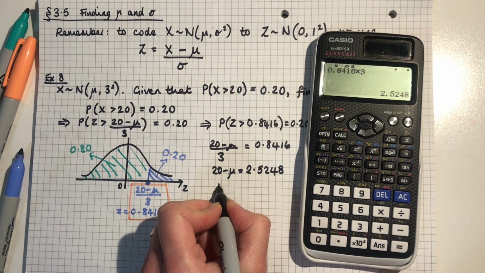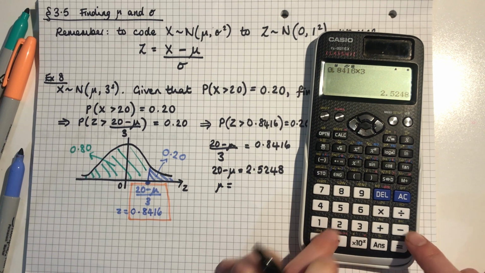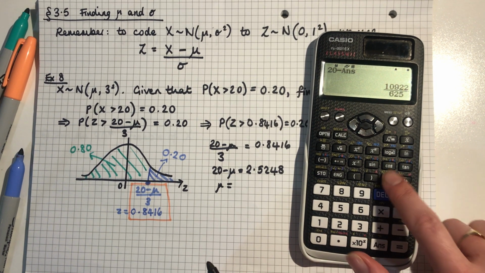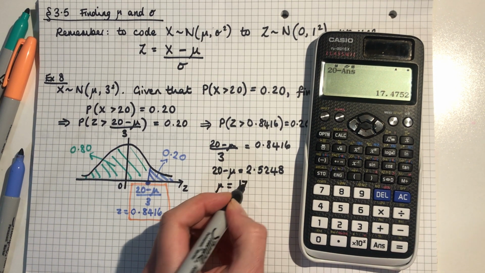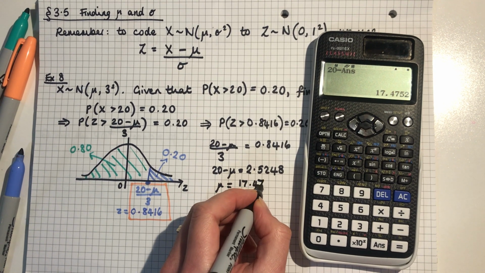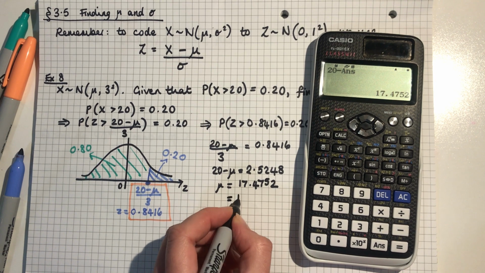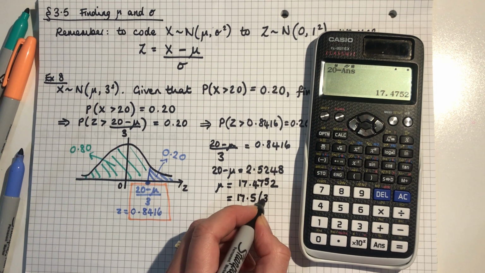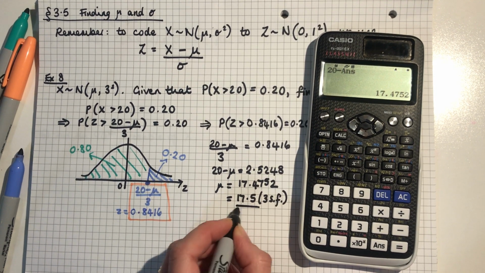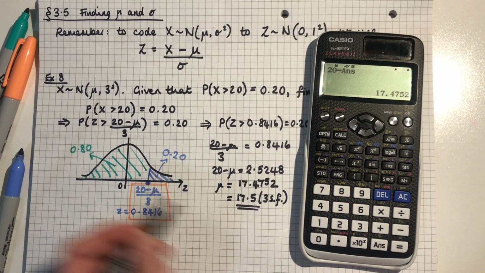So that gives us that mu would be 20 minus that number, and it's 17.4752. So let's go 17.5 to 3 significant figures. And we've found the mean of the original distribution.